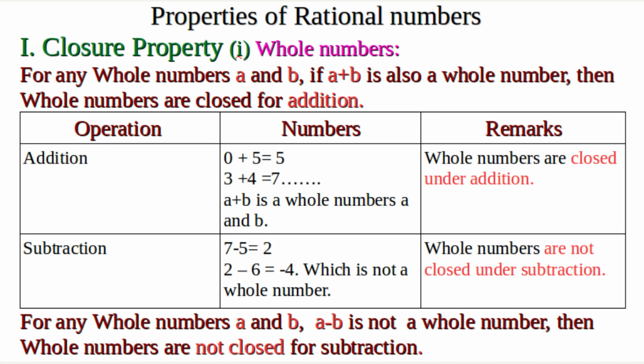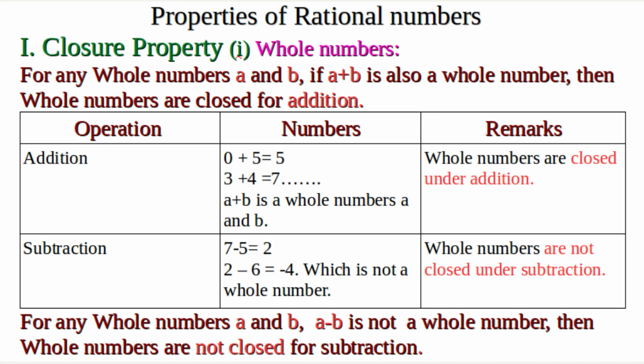I will explain that one in detail. 7 and 5, both are whole numbers. What is the answer 7 minus 5? That is 2. But what is the answer 5 minus 7? That is minus 2. 2 is a whole number, but negative 2 is not a whole number.